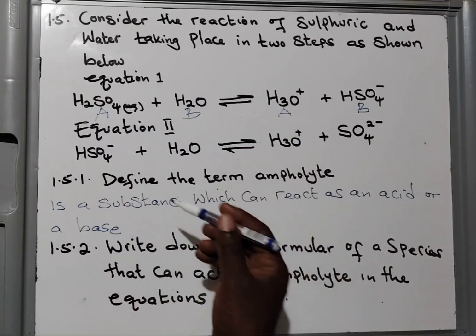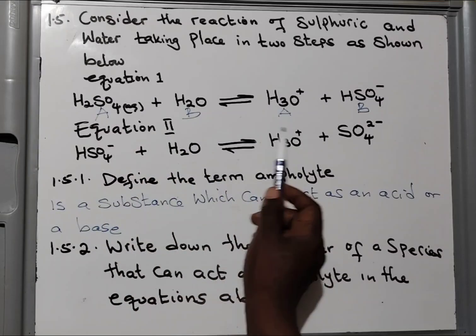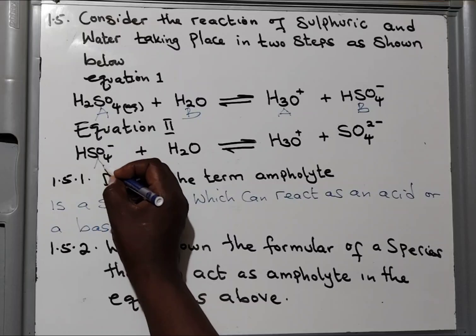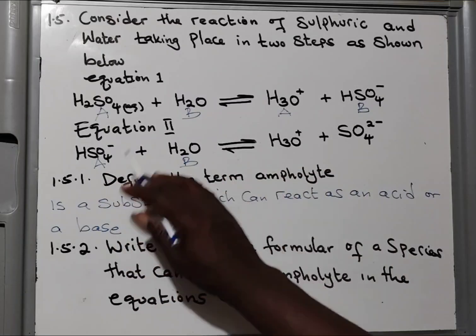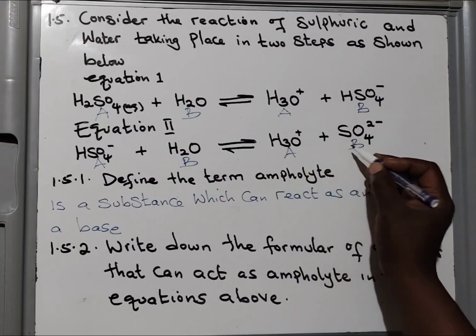Then we come to this side. This one is donating a proton to get hydronium ion. So this one is the acid and this one receiving the proton is the base.